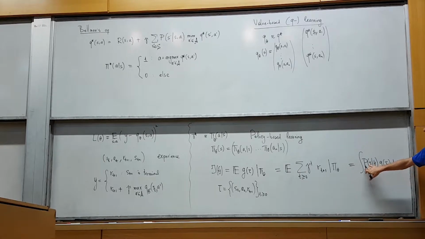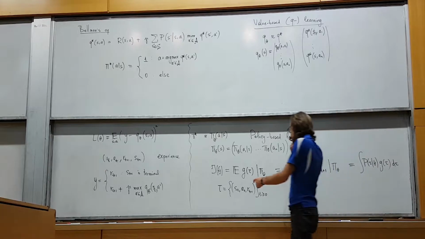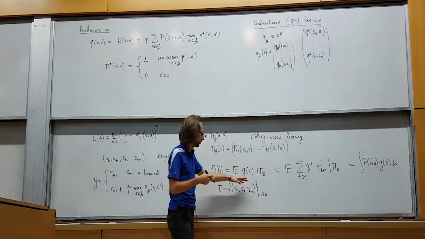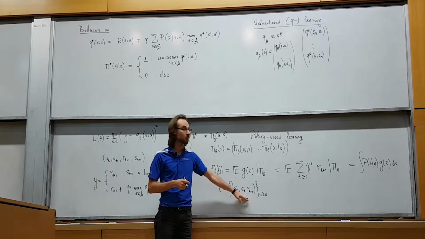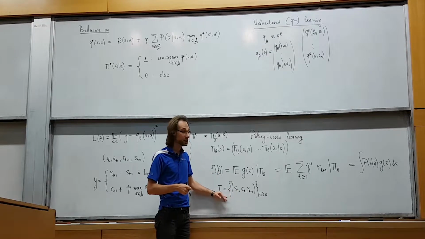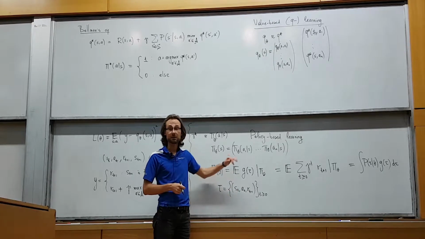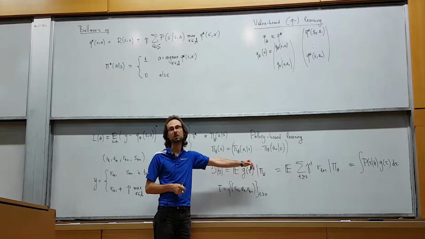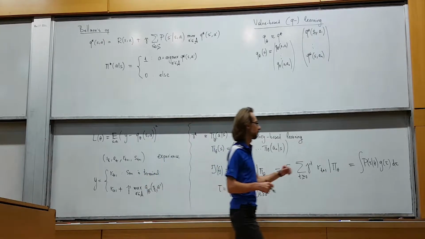And p tau given theta is exactly the probability density, the conditional probability distribution, of each trajectory tau of this form, given the current parameters of the policy.